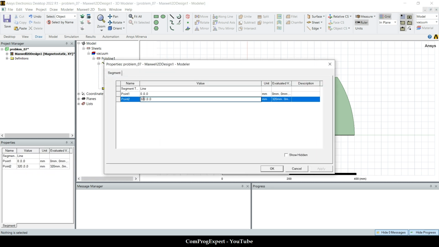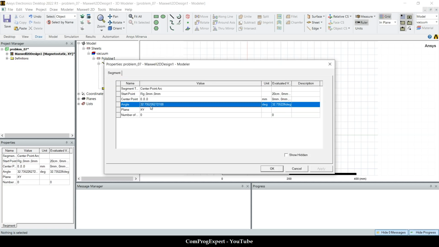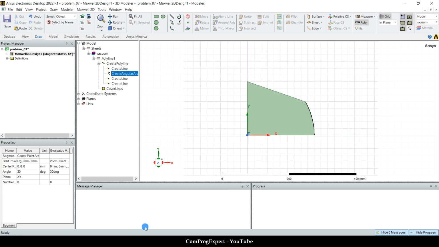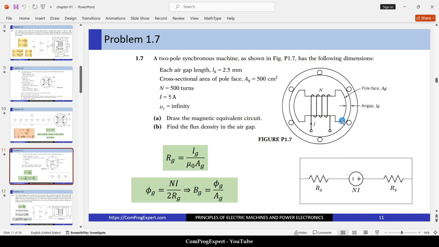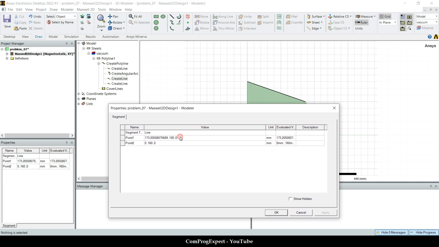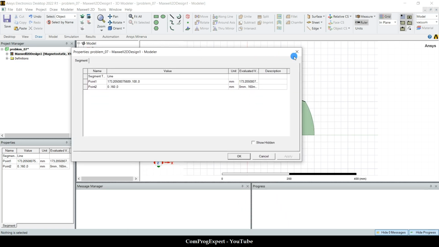So here the x coordinate of this point is radius of the gap. This arc, let's consider it equal to 30. So the pole face arc will be 60, right, according to this image. And we need to consider the same height for the coordinate of this point.